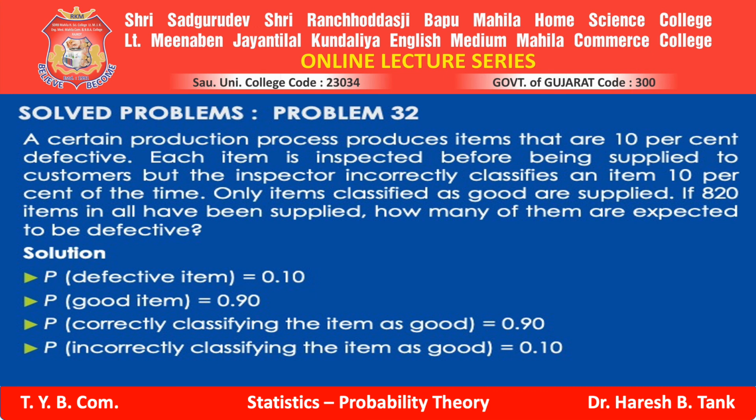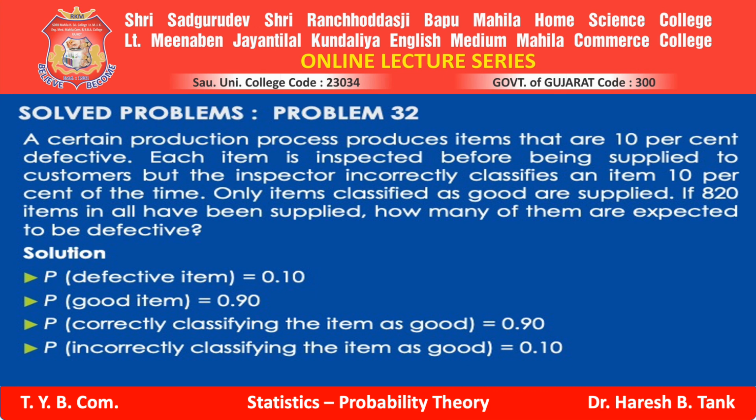Even though, let us say, probability of a defective item is 10%, that means it is 0.10. Naturally, probability of a good item becomes 0.90. Probability of correctly classifying the item as good is 0.90, and probability of incorrectly classifying the item as good is 0.10.